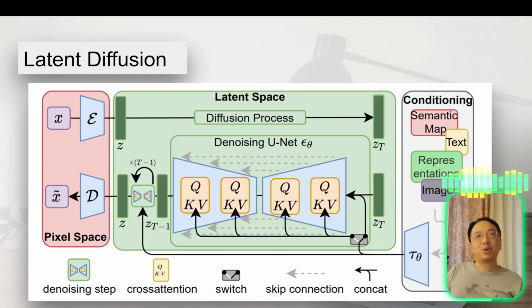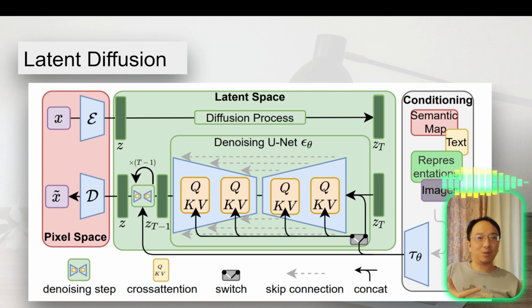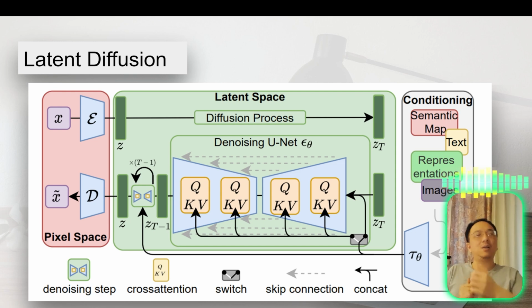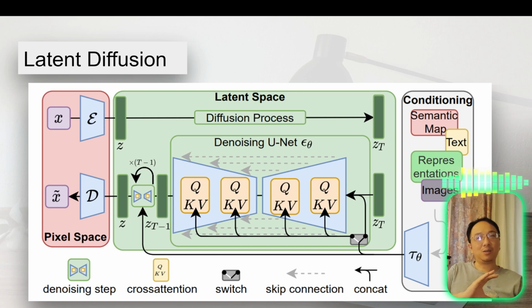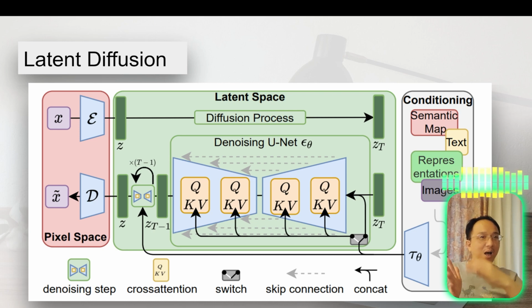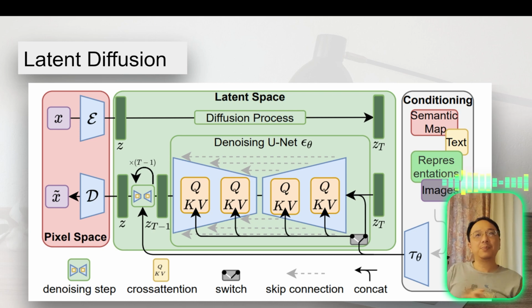On the other hand, the VQ GAN, just like the latent diffusion, focuses on the process on the latent space. In the title, it actually says taming the transformer. So the focus is on the transformer part, how the transformer can work on the latent space. Because the encoder and the decoder are pretty much the same as the VQ VAE, the focus is shifted from the encoder decoder to the process on the latent space.